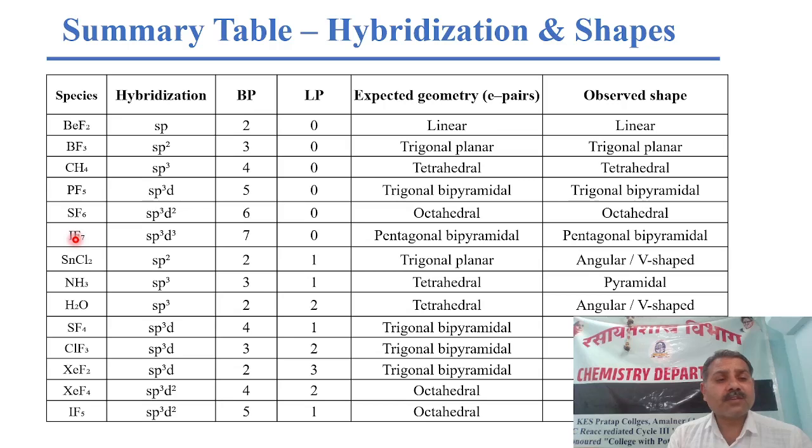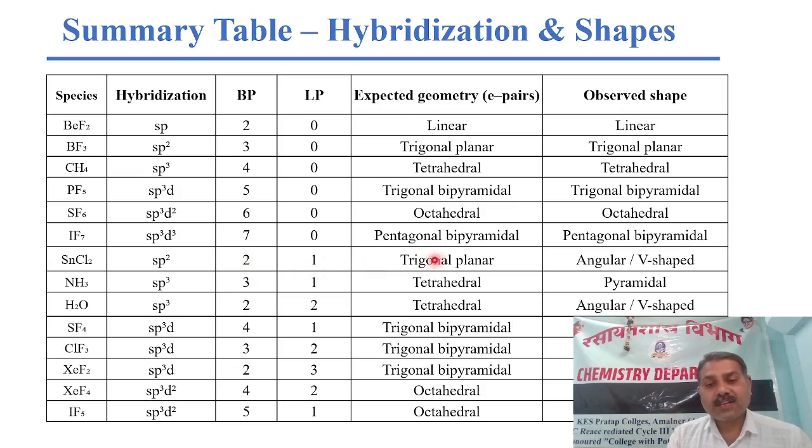In the case of the IF7 molecule, sp3d3 hybridization is involved, meaning 7 bond pairs of electrons are involved. So the expected and actual geometry are the same, that is pentagonal bipyramidal. Then the SnCl2 molecule involves sp2 hybridization, but in this case 2 bond pairs and 1 lone pair are involved.